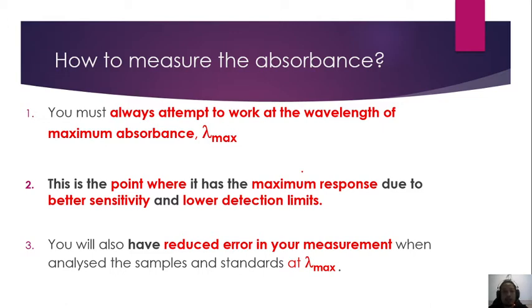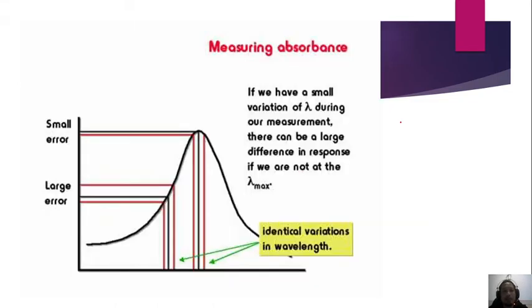And you will also have reduced error in your measurement when you analyze the sample and standard at lambda max. If we have a small variation of wavelength during our measurement, there can be a large difference in response if we are not at the maximum wavelength or lambda max.